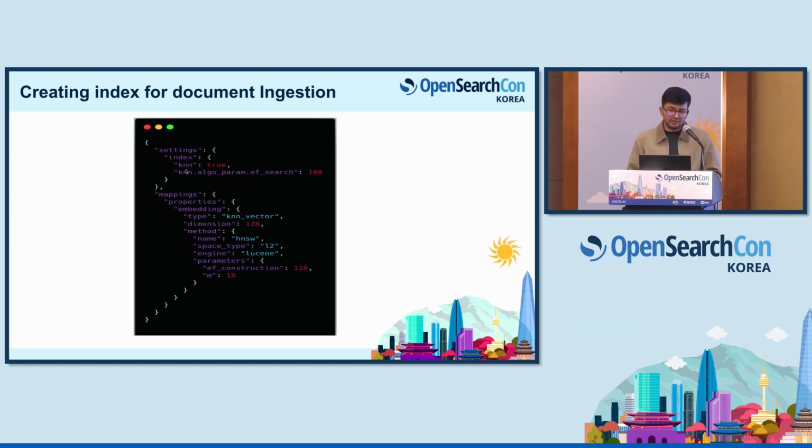In the settings I'm putting index.knn as true, then setting up the parameters as 100, then I'm adding mappings, where the type is knn_vector, then I'm adding dimensions as well, then the method is HNSW, and we can add a bunch of things here as well. We can even configure metadata and all those things. I have done that in my demo, and I will walk you through that next.